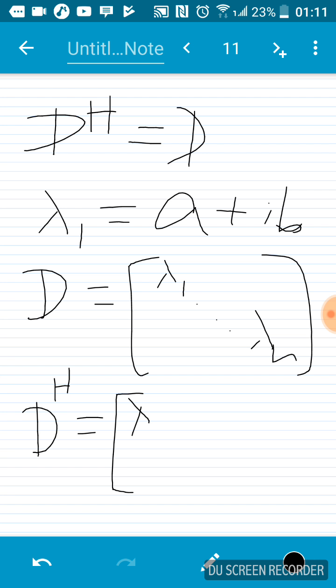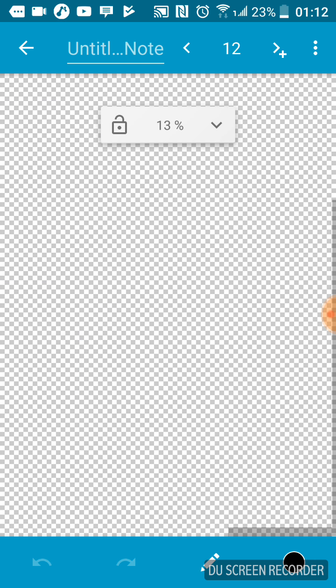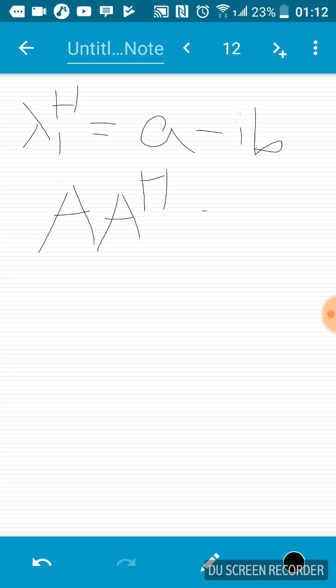Transpose is not needed because it's on the diagonal. So lambda 1 conjugate will be a minus ib. Therefore, we will show that a normal matrix satisfies the property A A^H is equal to A^H A.